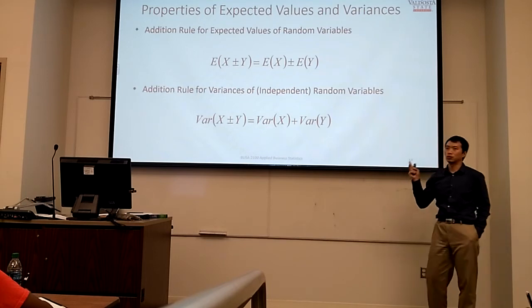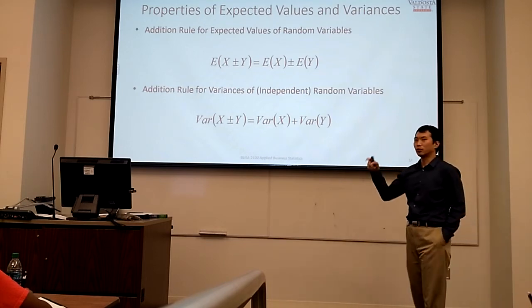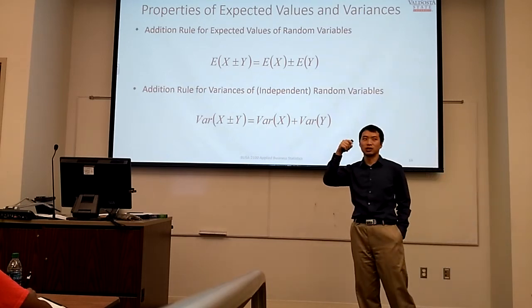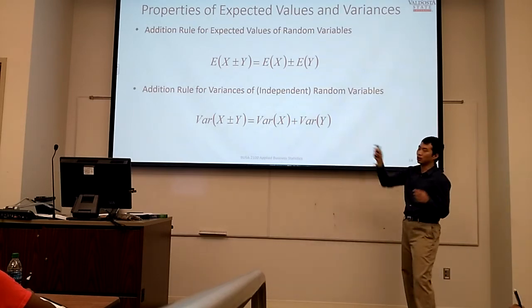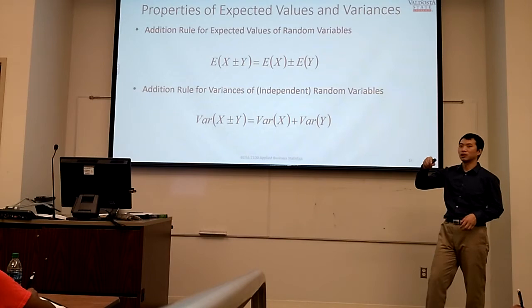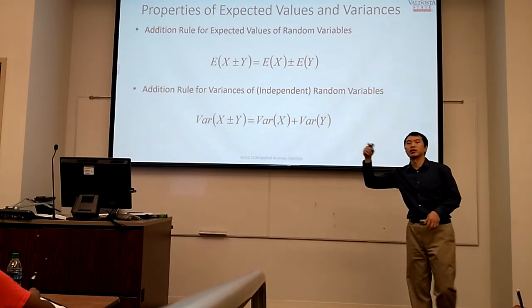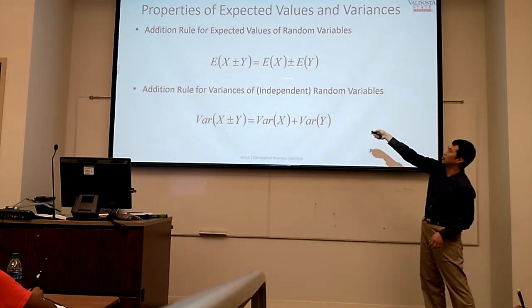In the previous slide, the small a represented a constant. But here we are talking about one random variable plus or minus the other, so we can just use this formula.